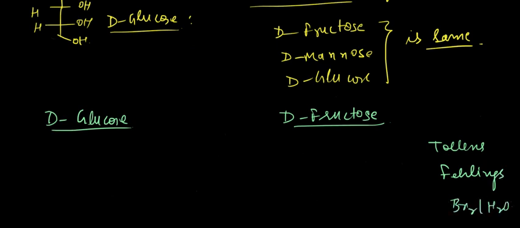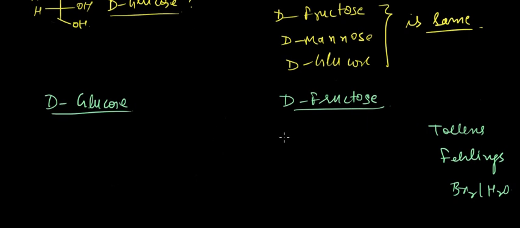So both glucose and fructose pass Tollens test because both contain an aldehyde group. Similarly, Fehling's they would also be passing. Regarding Br2, you can say that only D-glucose will be passing and not D-fructose.